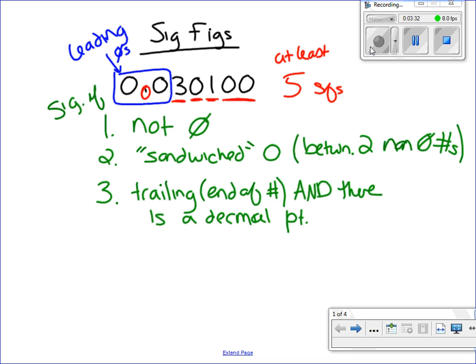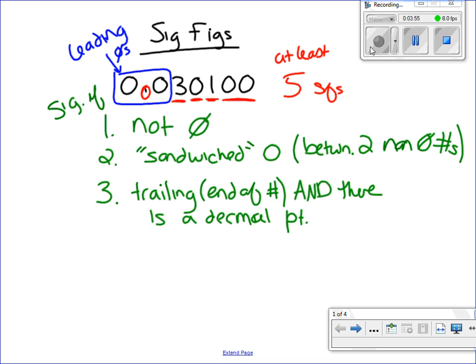So these 2 zeros that are outlined in blue, just because there's a decimal point in between them, does not mean they're both not leading zeros. They're both in front of the number, decimal point or not, and they are not significant. So this number, 0.030100, has 5 sig figs.